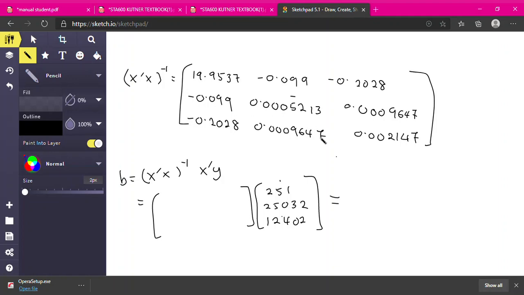Then I will get the value, the answer is 15.0651, 0.1669, and negative 0.1323.